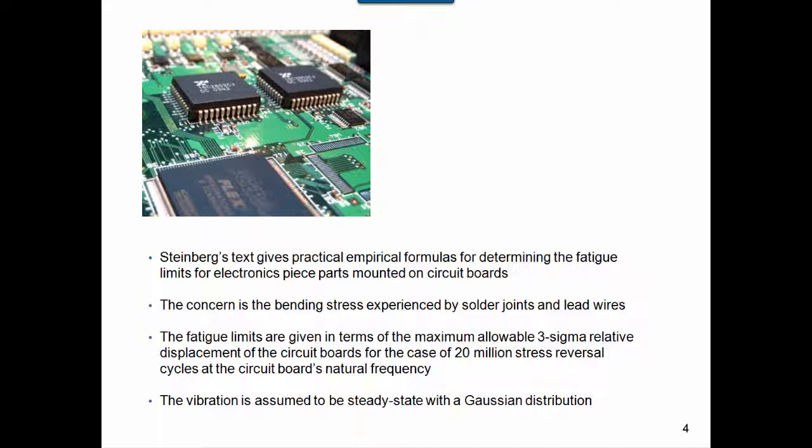But anyways, he came up with a fatigue limit, and this fatigue limit is given in terms of the maximum allowable 3 sigma relative displacement of the circuit board as measured at the center of the circuit board for the case of 20 million stress reversal cycles at the circuit board's natural frequency. And we're assuming here that the vibration environment is broadband random vibration, stationary steady state with a Gaussian distribution.